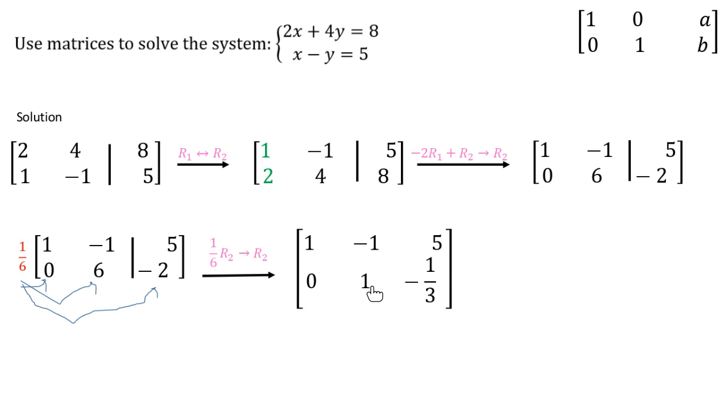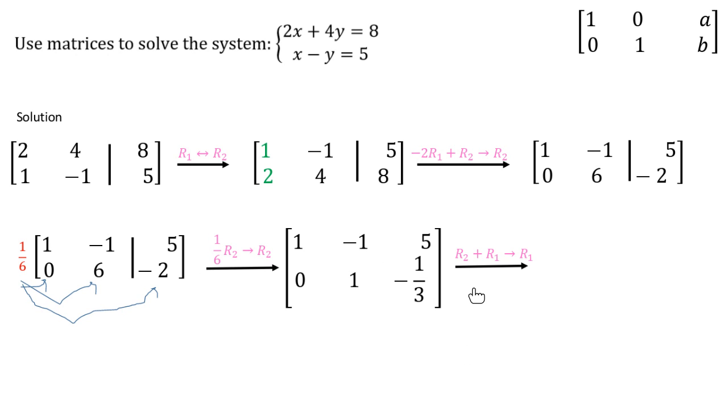But we're going to go ahead and write it in reduced echelon form, which means that the number on top of the 1 has to be a 0. So 1 plus -1 would give me a 0. So I'm just going to add row 2 plus row 1, and then you always want to put what it is that you're trying to change. We're trying to change row 1.